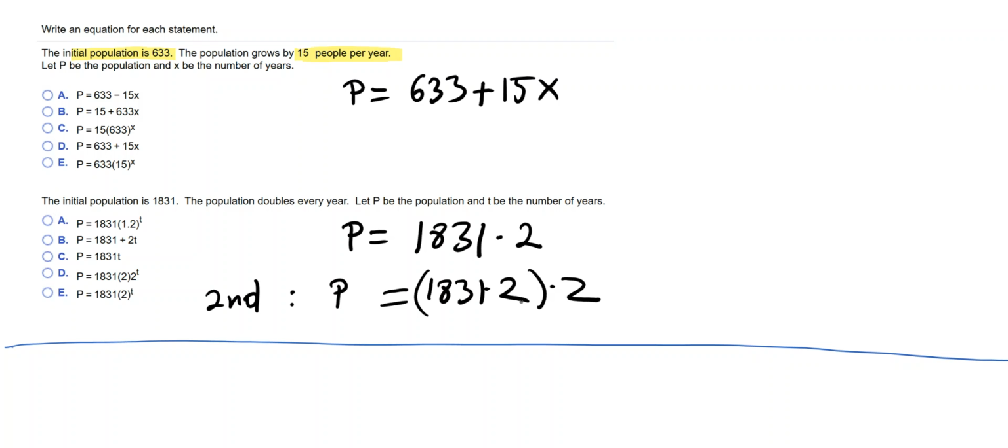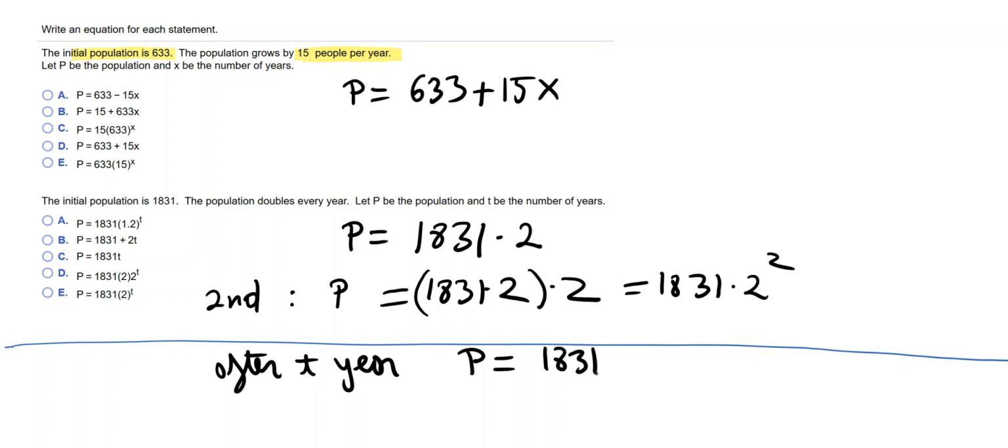So basically with each year, the initial population is multiplied by a factor. So that is the case of exponential functions. So this is the same as saying 1831 times 2 to the 2, because 2 times 2 is 2 squared. So in general, after t years, you will have that the population is 1831 times 2 to the t.